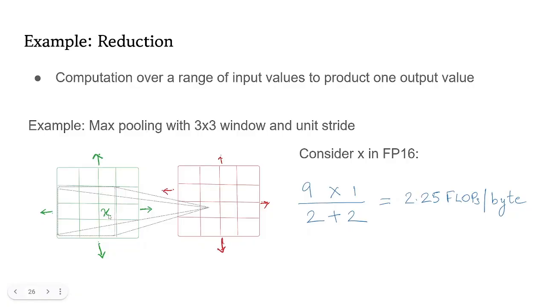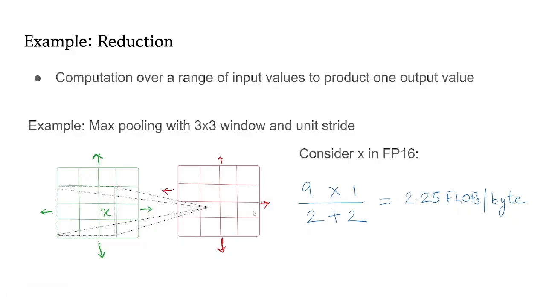Basically, this input value of X will participate in 9 pooling operations, and each pooling will involve one max operation where X will be involved. So basically, the max pool is doing a max over these 9 values. So because X is participating in 9 pooling windows, we can say that there will be 9 floating point operations of which X will be a part.